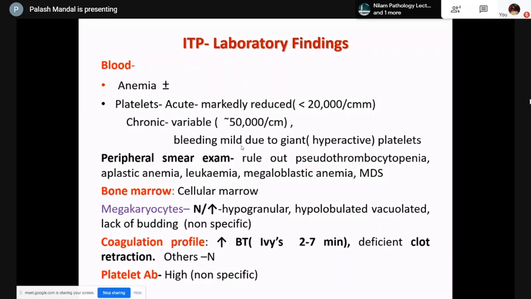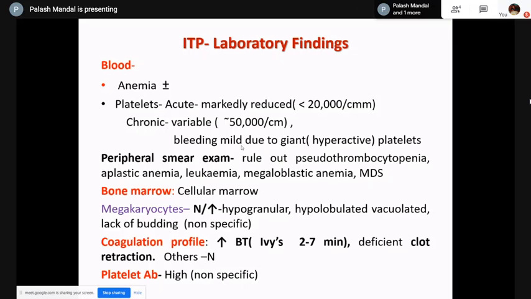There can be leukemia, that is the malignancy of the blood cells. Primarily acute leukemia leads to thrombocytopenia. So you have to see the peripheral blood, and the total count of the WBCs, to rule out a leukemic process.